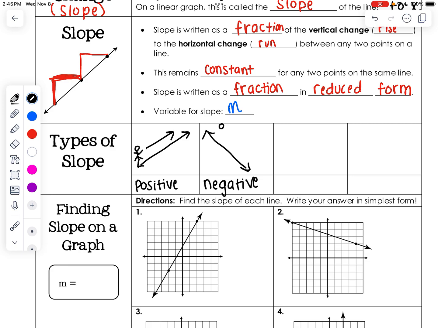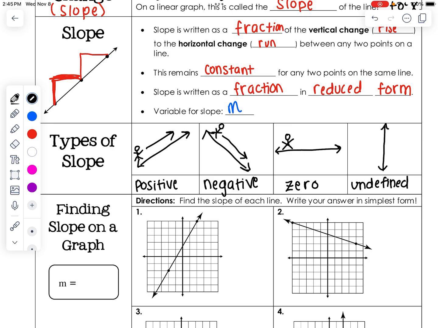Here we're walking down, so it's a negative slope. And then a zero slope is just a straight horizontal line, because if we were walking here, that would be zero slope. We wouldn't be walking up or down a hill. It would just be 0. And then undefined looks like this.